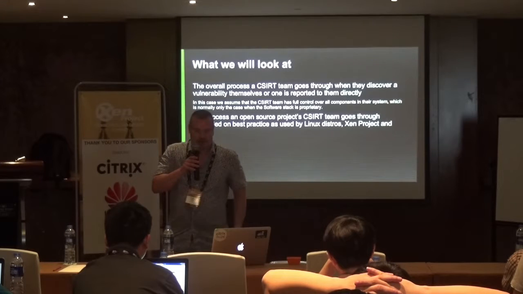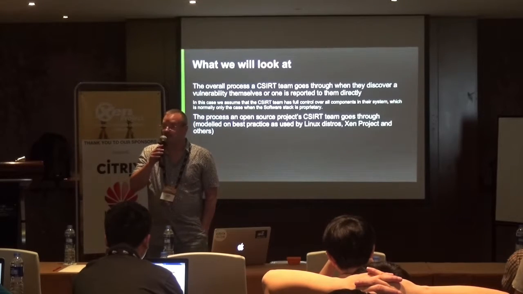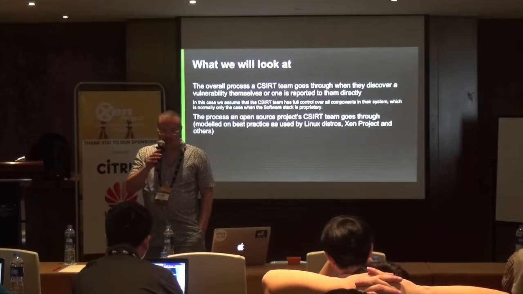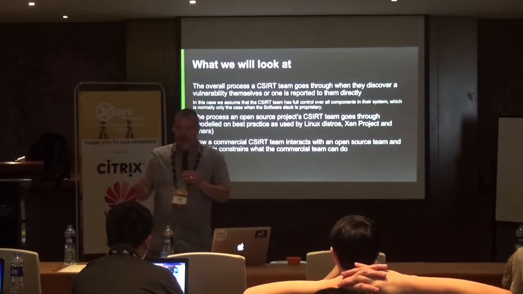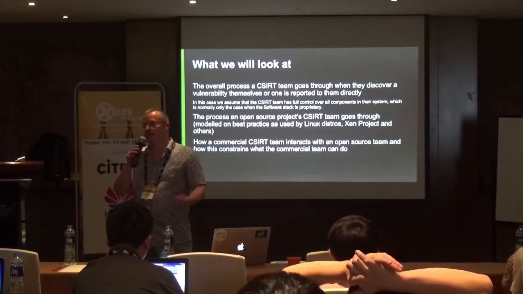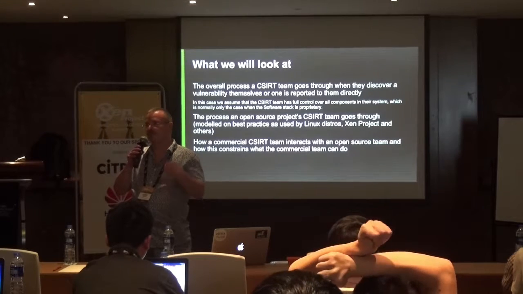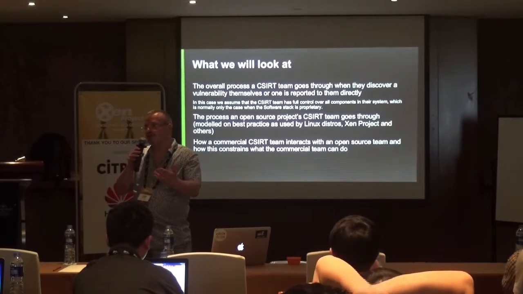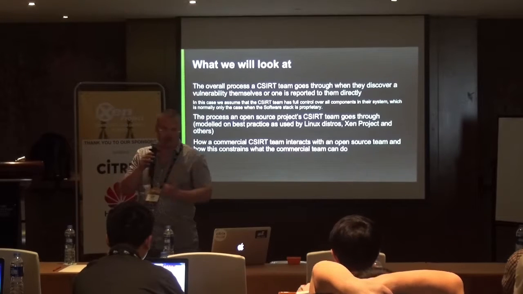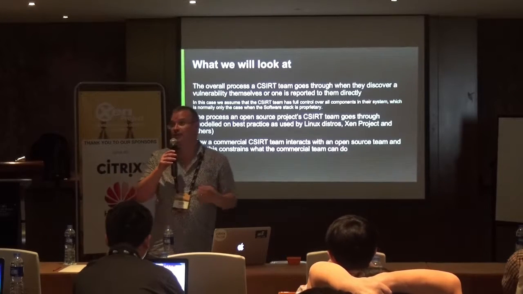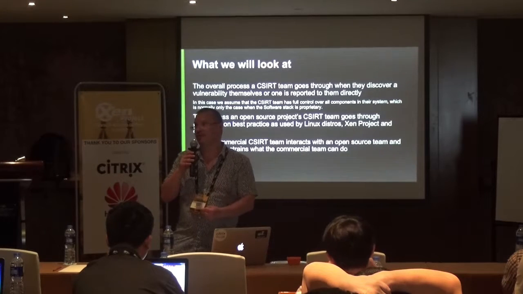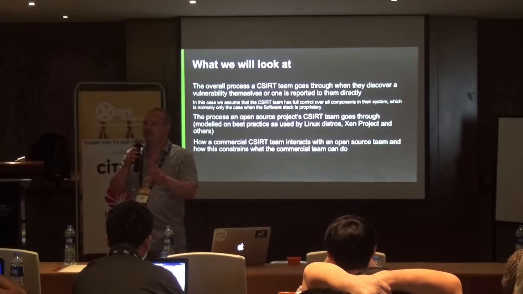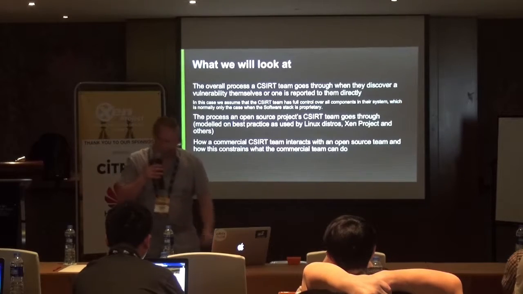We'll also look at this from the perspective of an open source project, and then at how those two things fit together. Because when, for example, an open source project reports an issue via a pre-disclosure list to a commercial security organization, the open source project constrains what the commercial organization can do, and that causes some interesting problems.